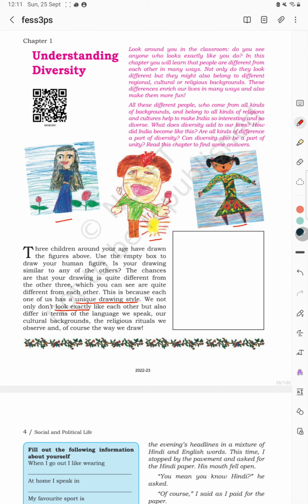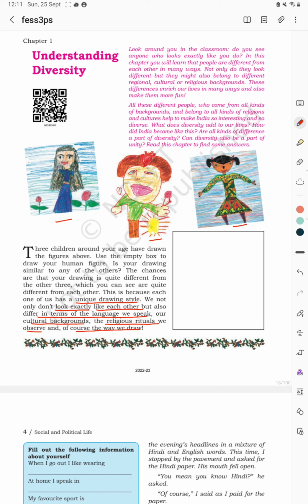We not only don't look exactly like each other, but also differ in terms of the language we speak. Our cultural backgrounds might be different, our religions, the rituals we observe, and of course the way we draw. So we are unique in different aspects. And what are those different aspects? One is language, because people around us speak different languages.